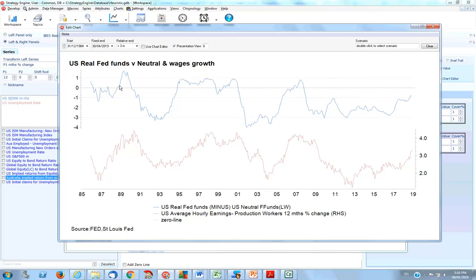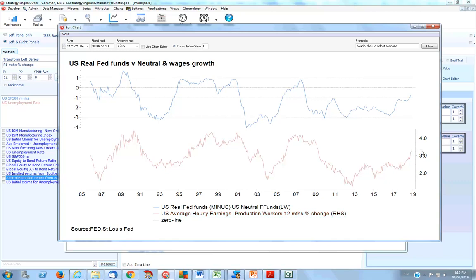Back here in the late 90s, somewhat early in 95, 96, but basically remained that way through to about 2000, again in 2006, 2007. So at the moment, the Fed is arguably about 75 basis points, perhaps 50 to 75 basis points below neutral.